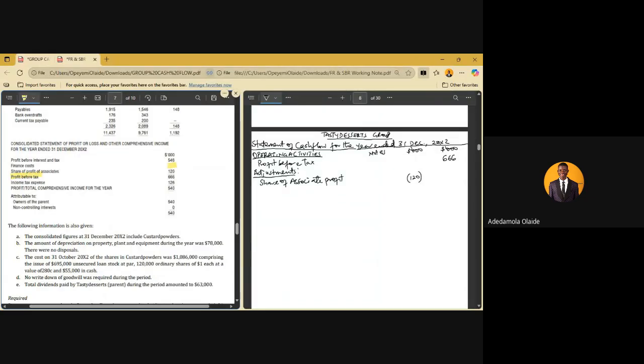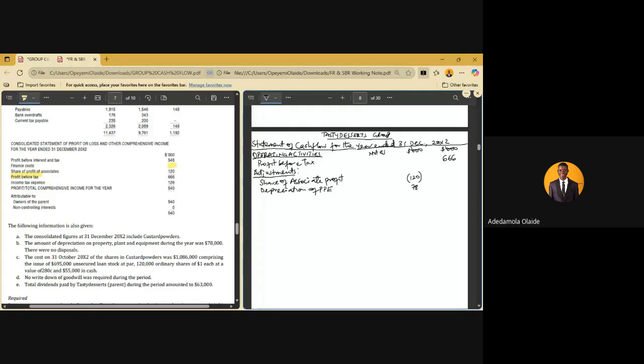And depreciation is a non-cash item. So we bring it here and say depreciation of PPE, 78,000. It should have been deducted before, so we'll be adding it.